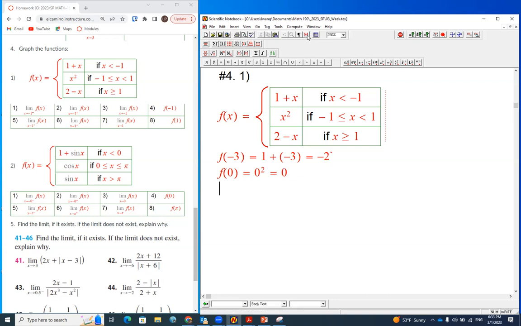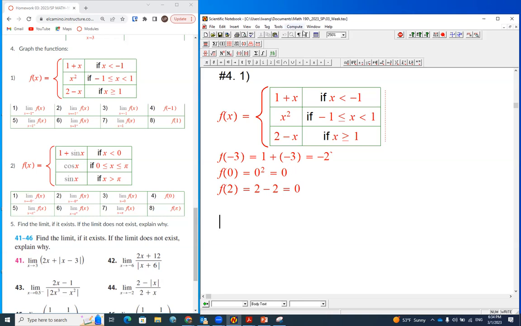If I am to evaluate f of, say, 2, well, 2 is larger than 1. Therefore, I'll be using 2 minus x as a rule. So that's going to be 0. For each input, there's exactly 1 output.